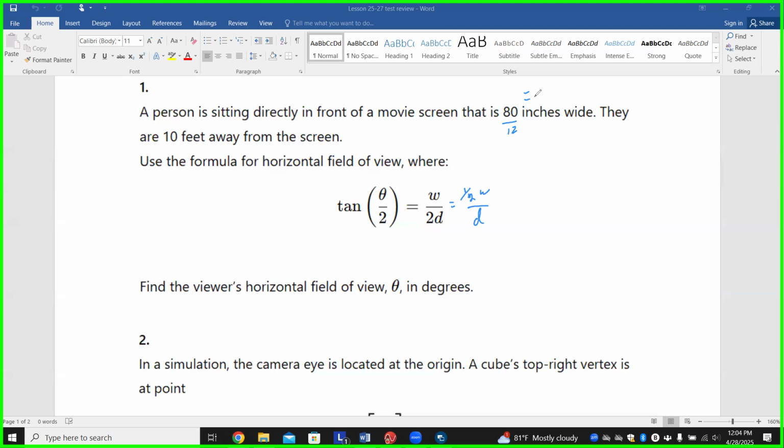Try to keep it as an improper fraction, it'll make your math a little bit easier. When you type 80 divided by 12 in the calculator, it should just give you the fraction. Perfect, that's the fraction you want to keep it in.